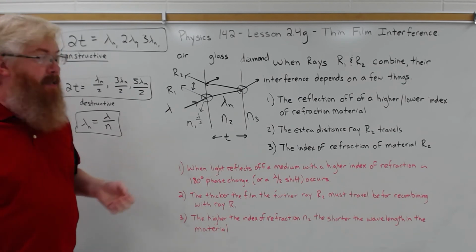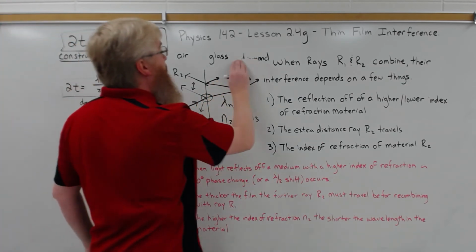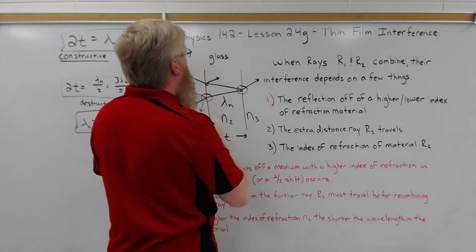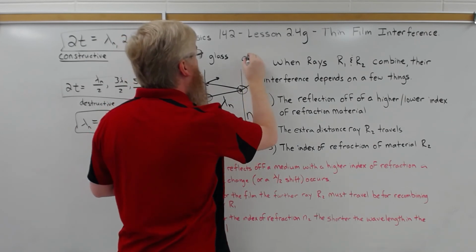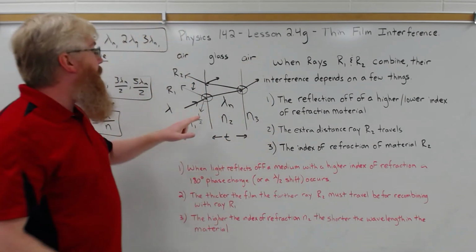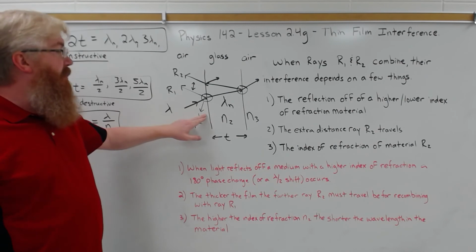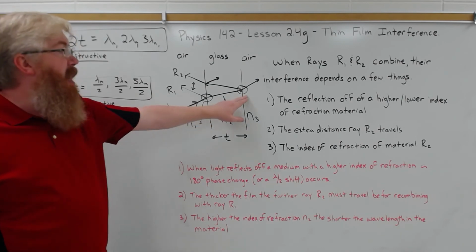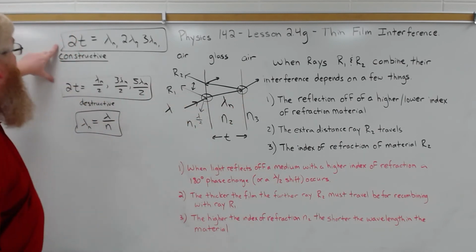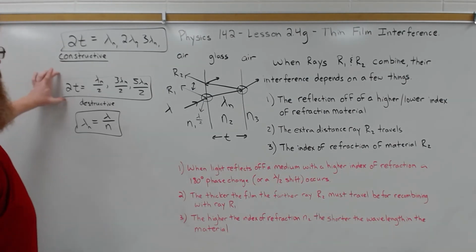However, if we go back to what we had before, air to glass to air, well then you only get a phase shift of 1/2 off the first reflection, not off the second. So basically these 2 equations are flipped. The equation below will give you constructive interference.